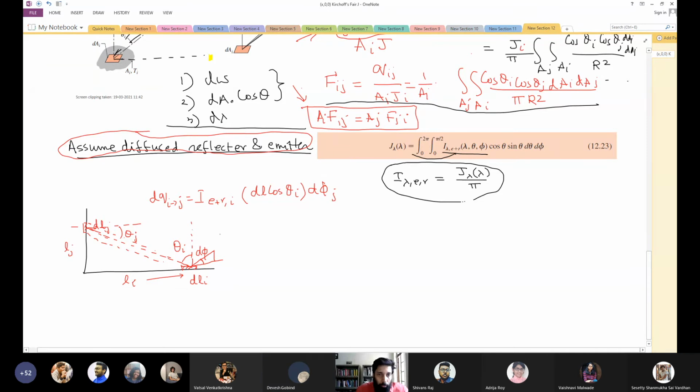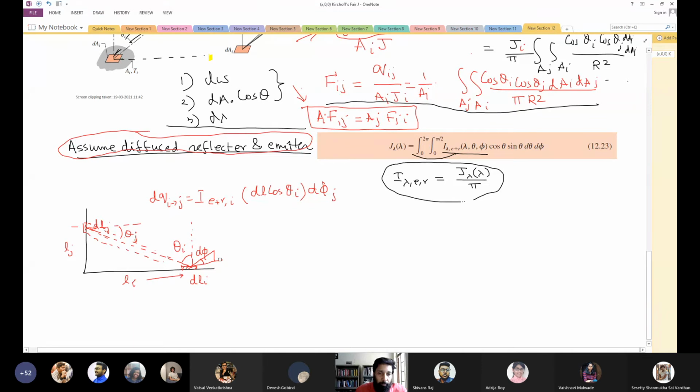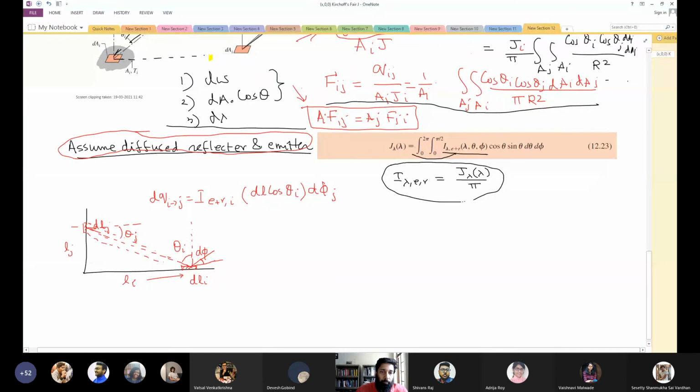Okay. So some small correction here. This is on this plane. Now if this is Li, this Li has to be projected here, and we have to get this d phi j. Now d phi j is no more a solid angle.